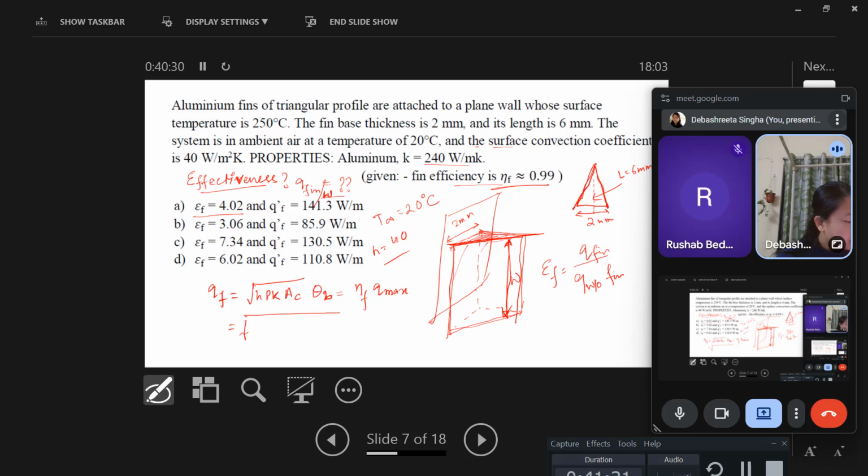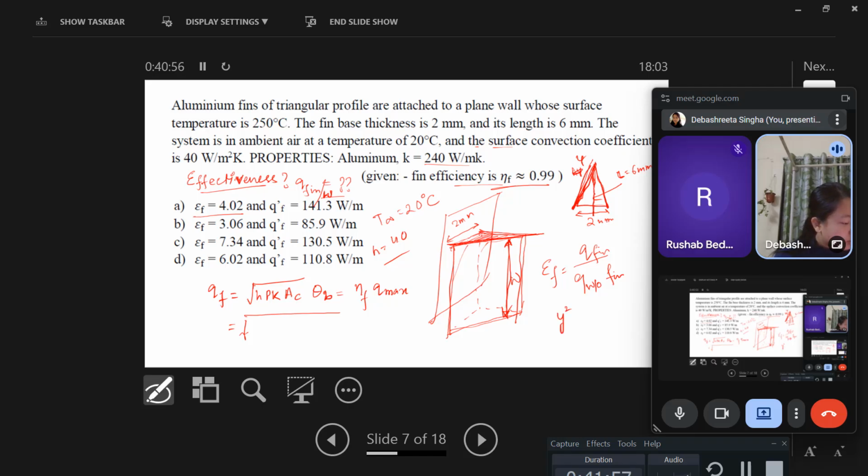That means if you consider the top view, then you need this dimension. If you consider the triangle, the perpendicular is given as L, length. Then how do you find the hypotenuse? You can write it as Y.